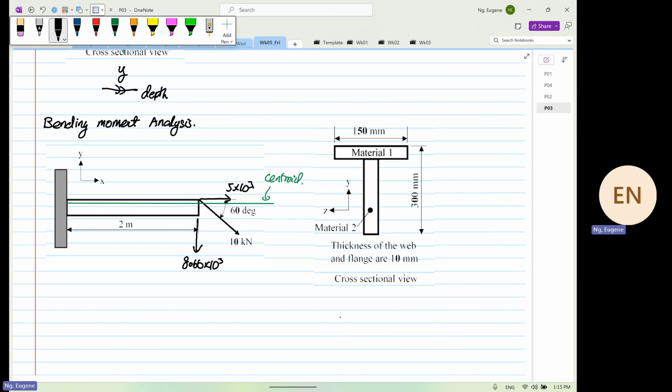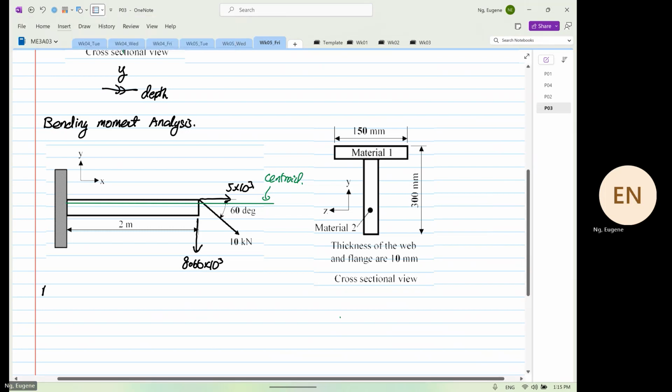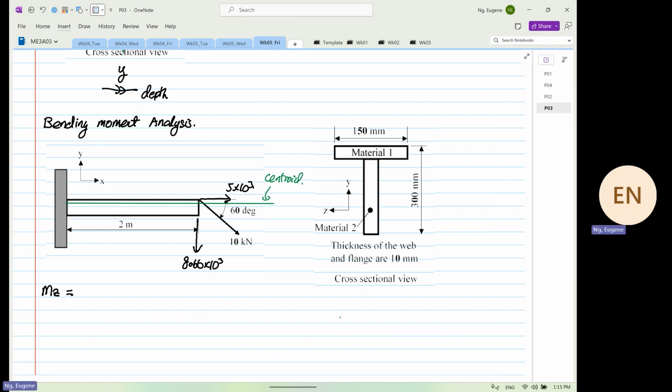Let me ask you then. Moment about Z. Can someone give me, based on 8.66, 8.66 times 10 to the power 3 multiplied by what?